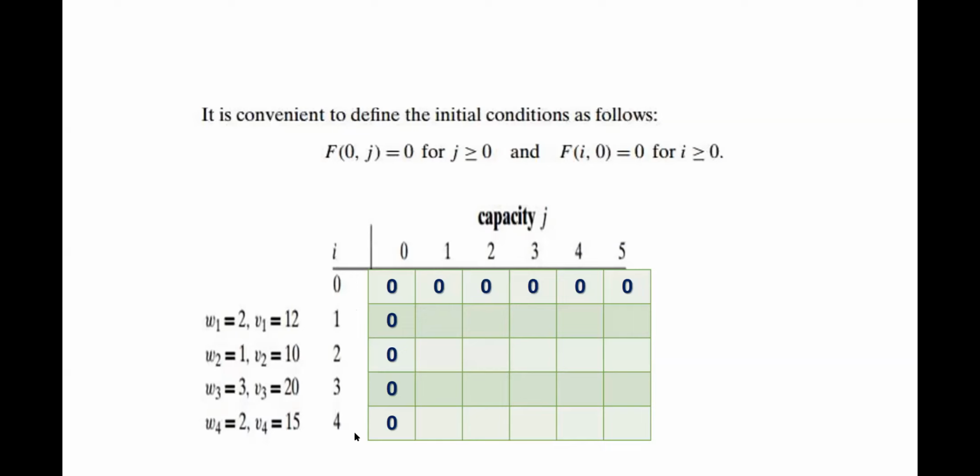So n plus 1 rows and W plus 1 columns. What is W? Capacity. So capacity plus 1 columns, items plus 1 rows. This is the initial arrangement and setup we must be prepared with.